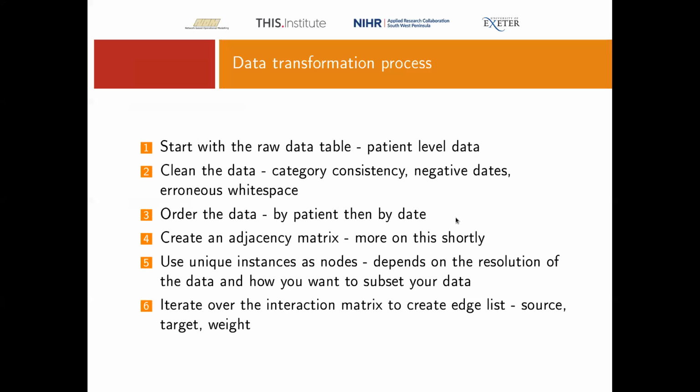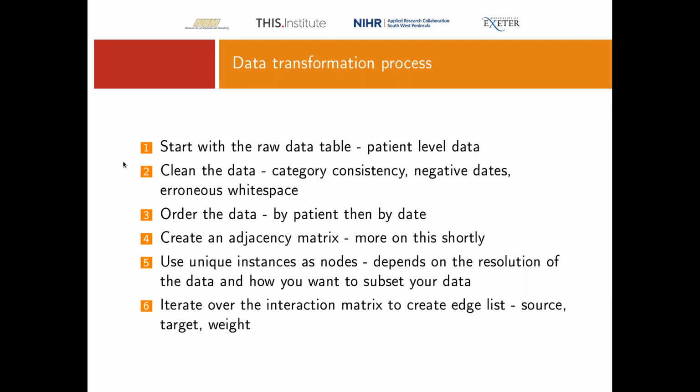So when we're doing the data transformation, what we're aiming to do is first of all clean up our data, make sure everything's consistent, and get rid of negative dates and any particularly erroneous white space in categories that can leave you with multiple instances of a team, and that's definitely what you don't want.